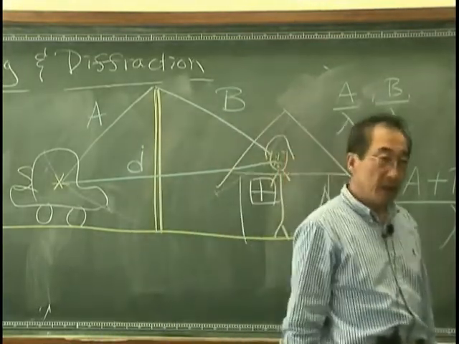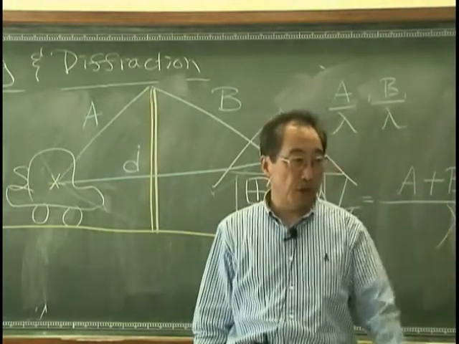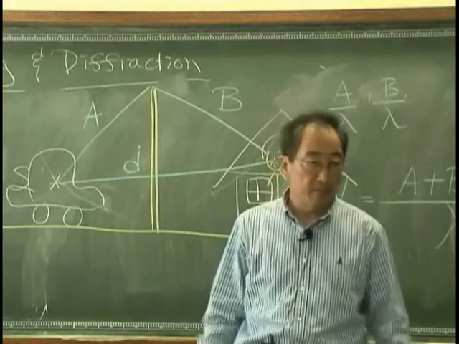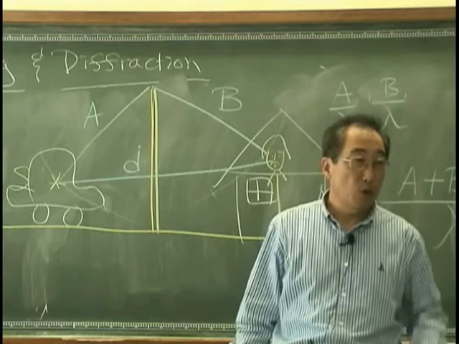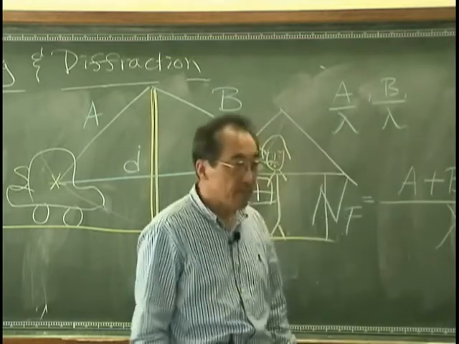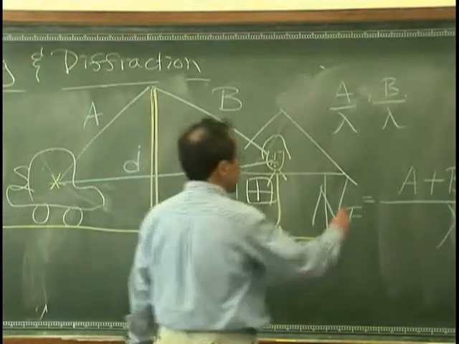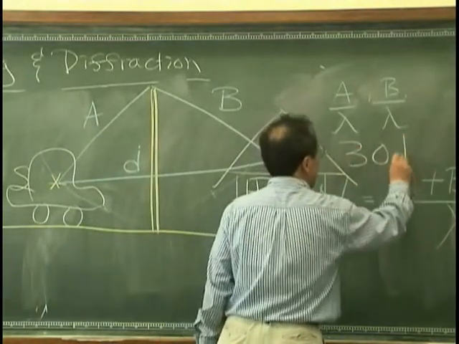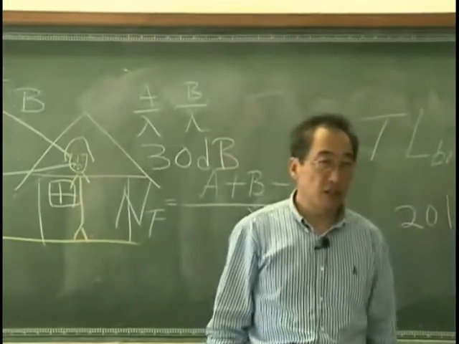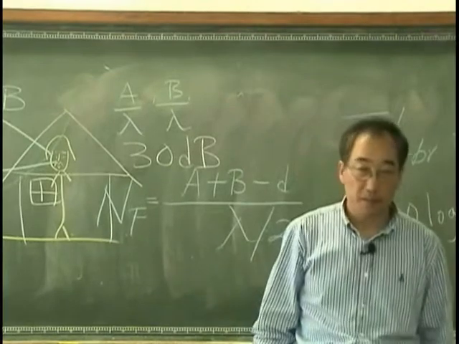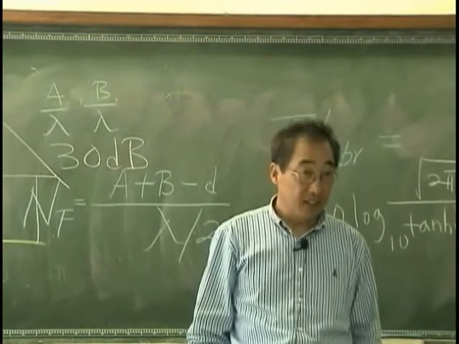Okay. And he argued to his good girlfriend, saying, I can build a house that has very low noise, and he guaranteed that during the night, I guarantee that the sound inside of the house is 30 dB. How can he design it, right?